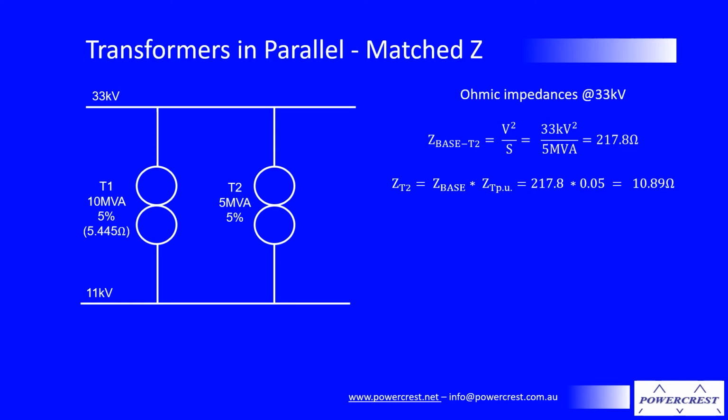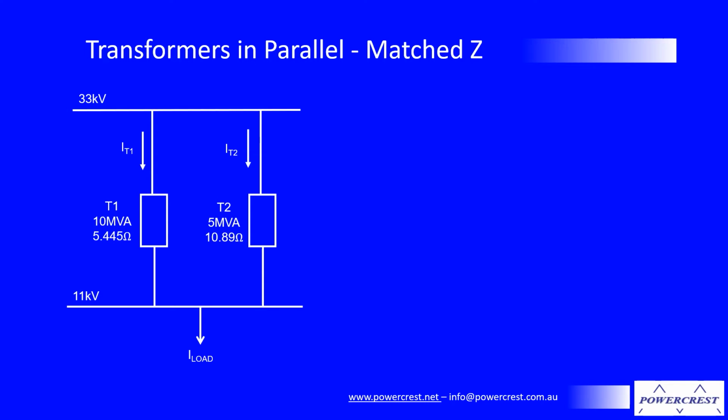So we see that it is exactly double that of T1. Right, so representing T1 and T2 again by their respective impedances, we see T1 is 5.445 ohms and T2 is 10.89 ohms. Thus, the current in T1 is actually twice that of T2.